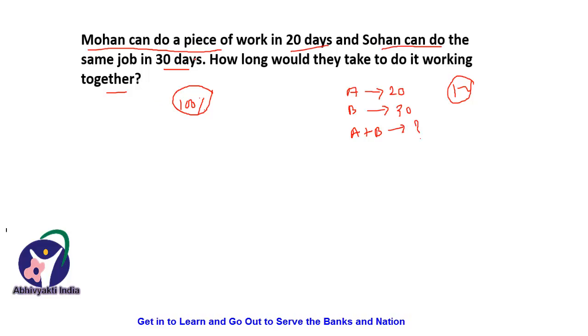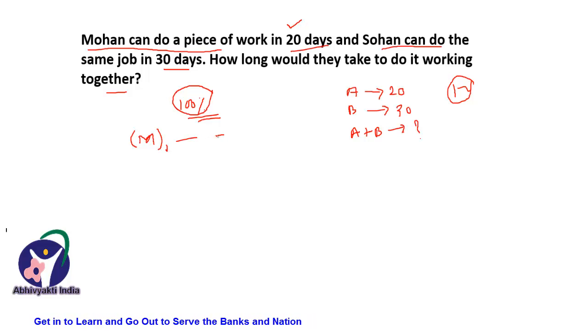So here let the 100% work be there, and since Mohan completes the 100% work in 20 days, in one day how much work will he complete? He will complete 5% of the work, because 100 by 20 is 5.